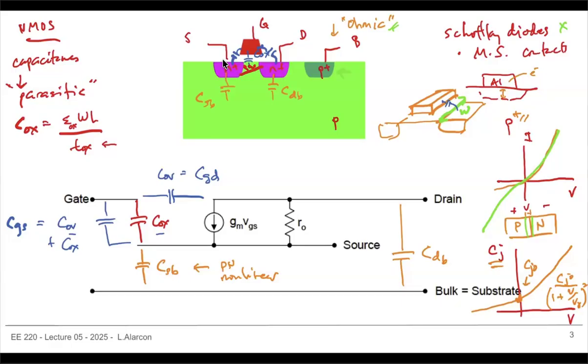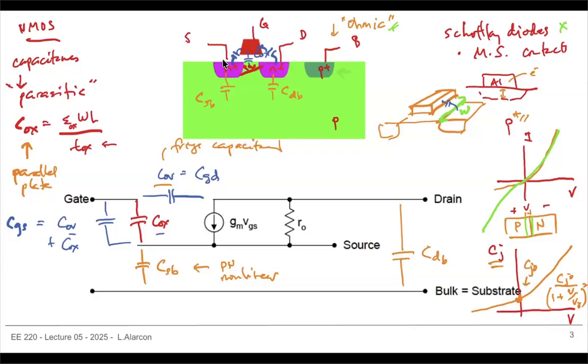While in most cases, COX is parallel plate, the overlaps are what we call fringe capacitances.